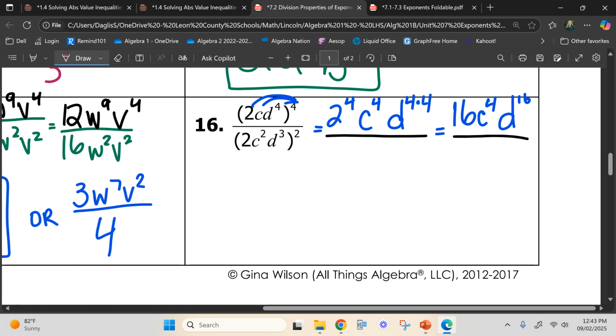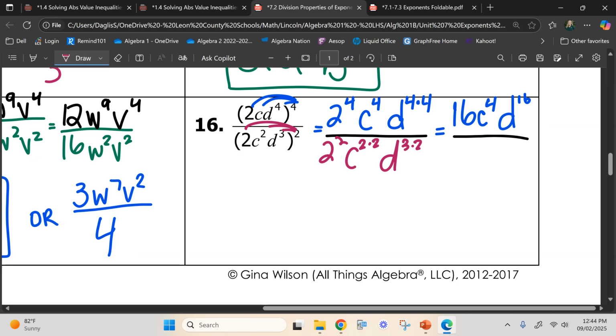What exponent is going to be distributed through the entire denominator? A power of 2. Okay, so we have 2 to the power of 2. C squared to the power of 2, so it gets multiplied. And then D cubed to the power of 2, so that gets multiplied.